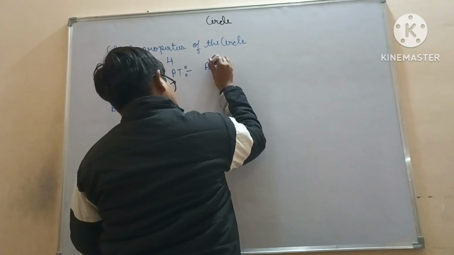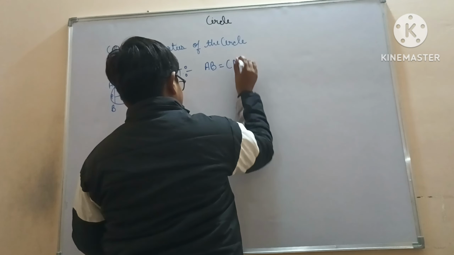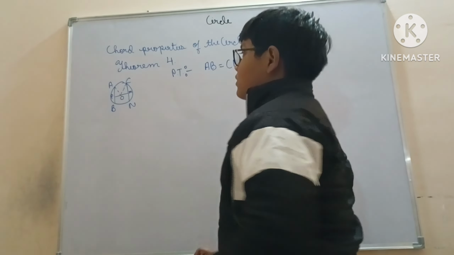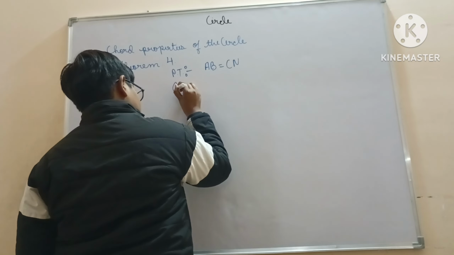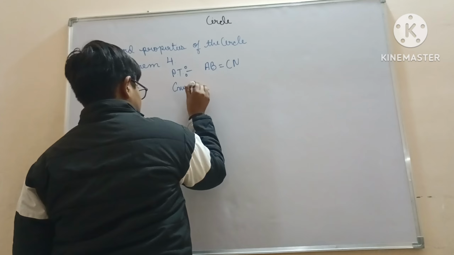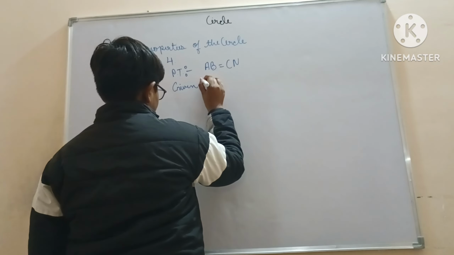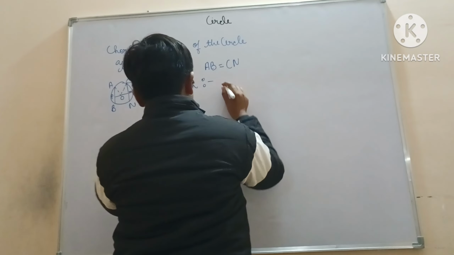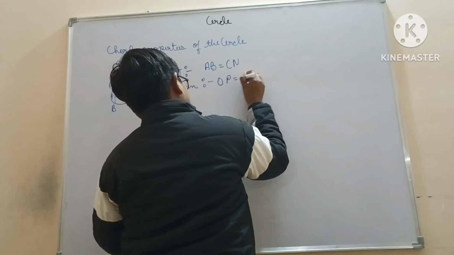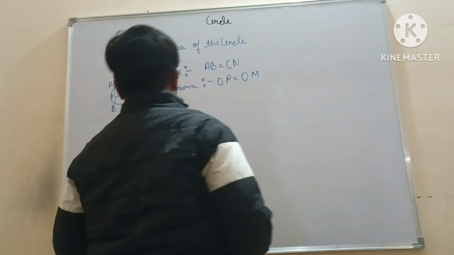So we have to prove that AB is equal to CD, and it is given to us that both the chords are equidistant from the center of the circle, which is OP is equal to OM.